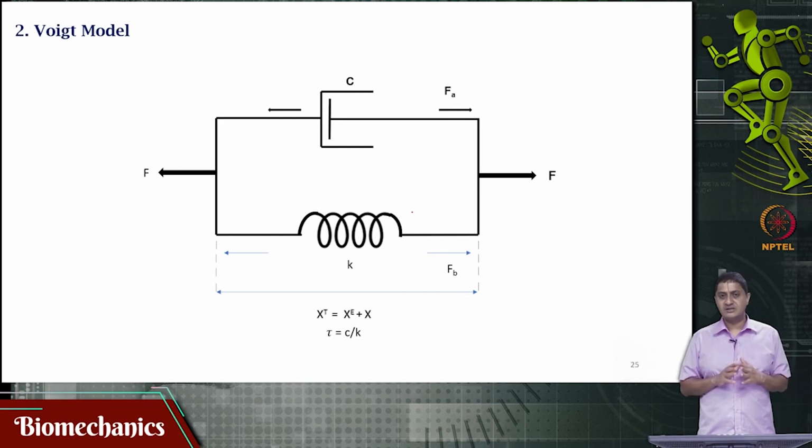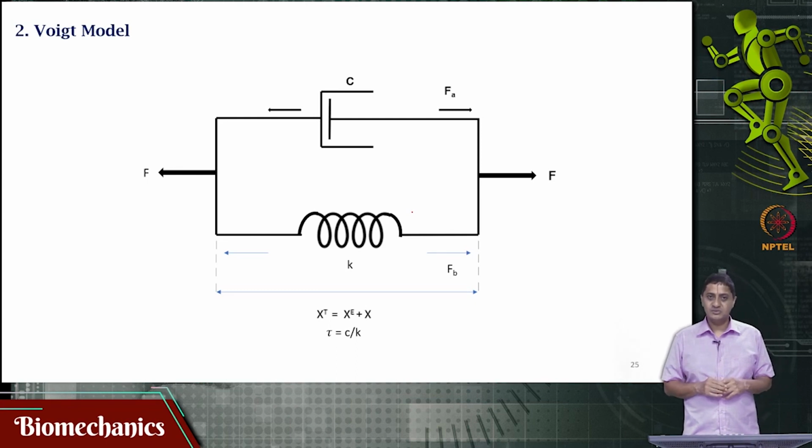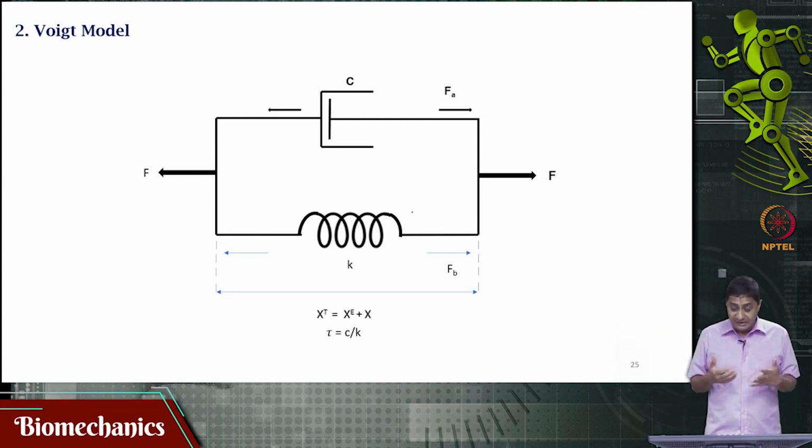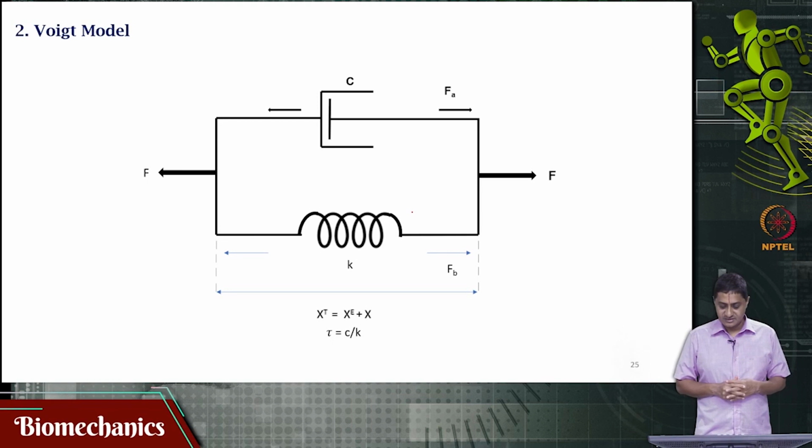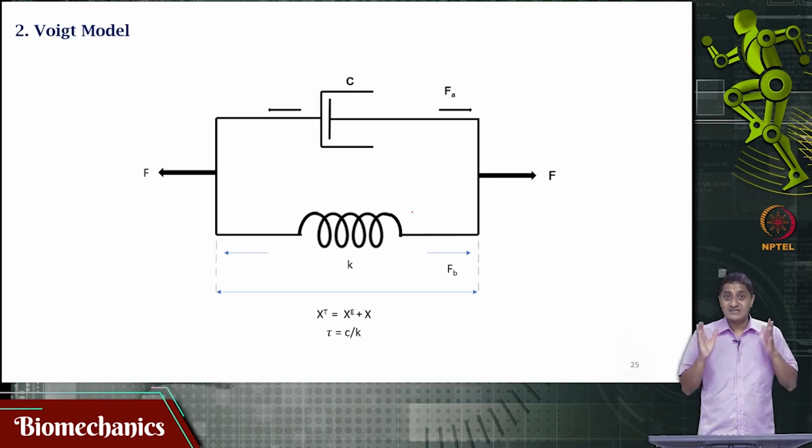Remember, that is what we did. But in the Voight model, the deformations felt by the two elements will be the same, but the forces will not be the same. Something to keep in mind. So immediately it becomes obvious that the difference will be qualitative.